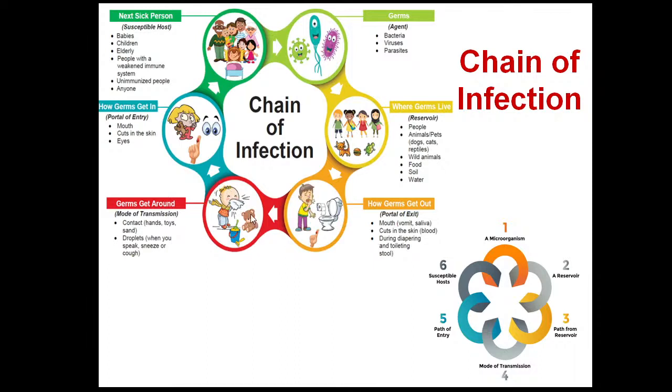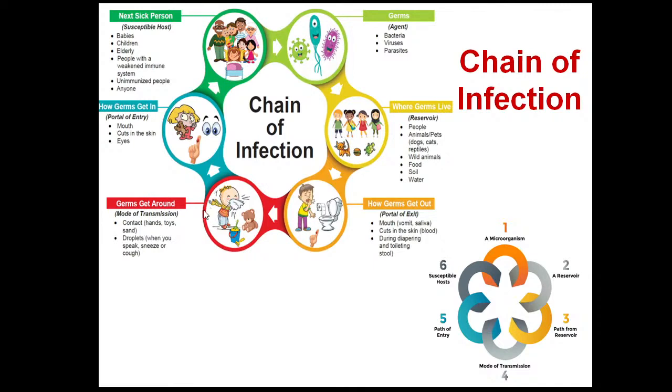Then the mode of transmission. So how germs may get in, the path of entry, how they are transmitted to the place of entry, right? So the transmission can be done by direct contact, for example, by kissing, right? Or sleeping together, sexual intercourse, or by indirect contact through hands or toys or sand or whatever.